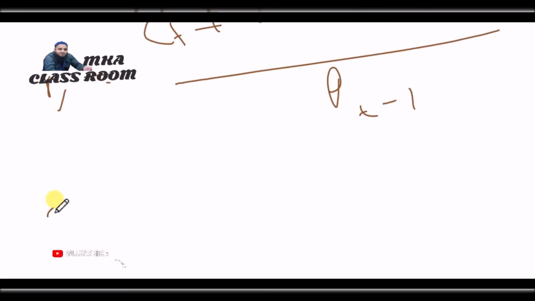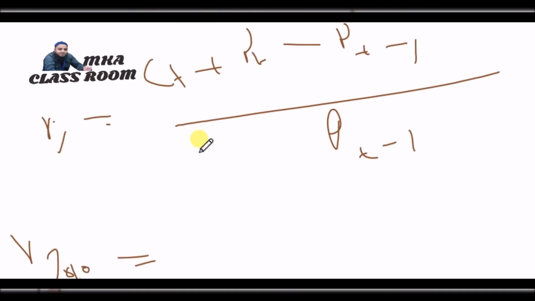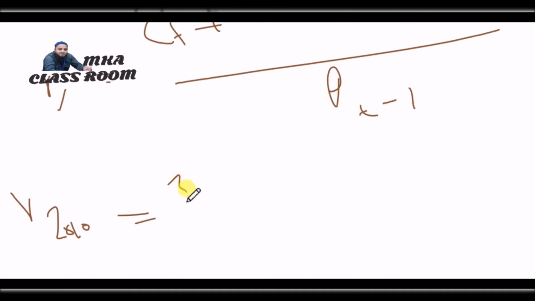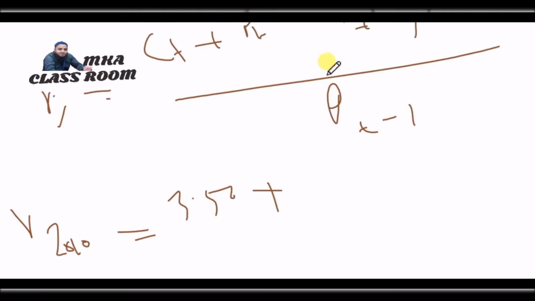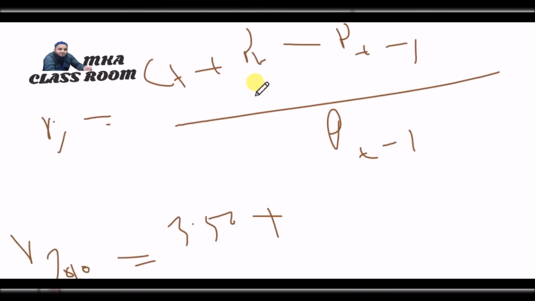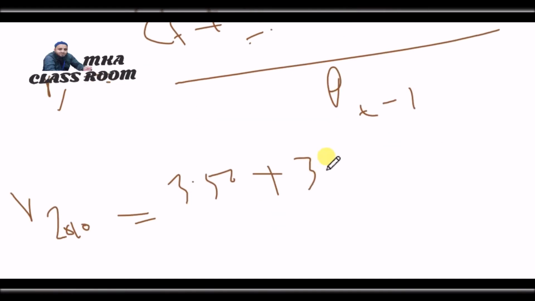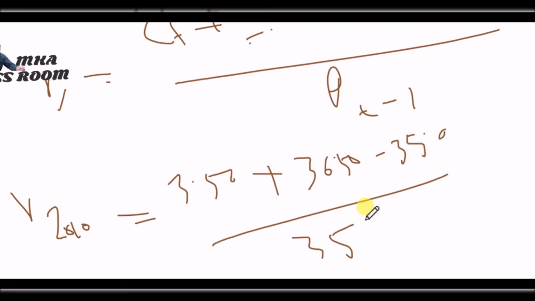Such as for 2010, Ct, the cash receipt, that means the dividend, is 3.50, plus Pt, the current share price, that means the end price, 36.50, minus the beginning price 35, divided by 35.